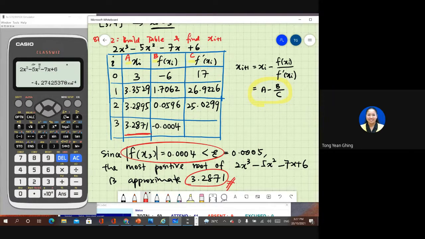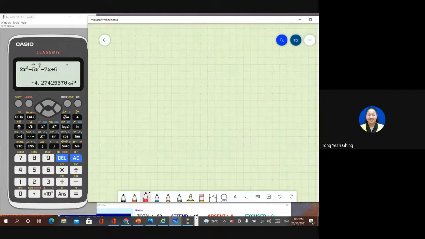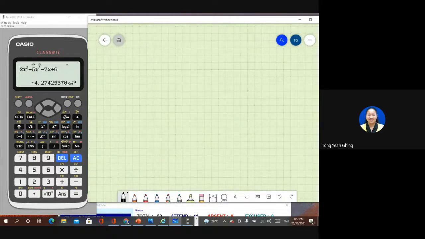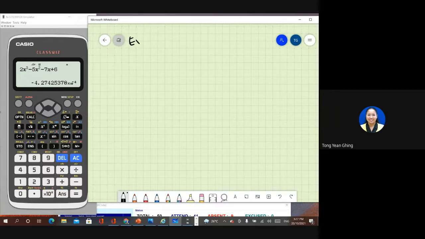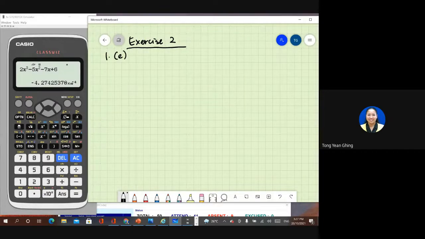I ask, if the graph is not given, can you plot the graph? Okay, let's see. Try this new one. Exercise 2, 1E.